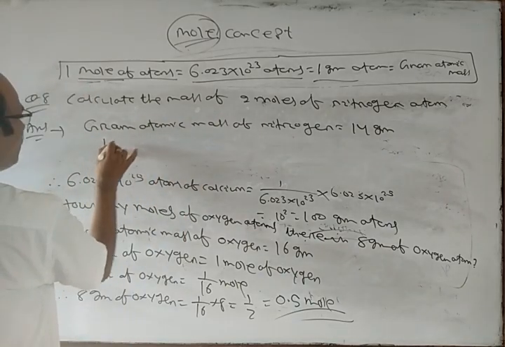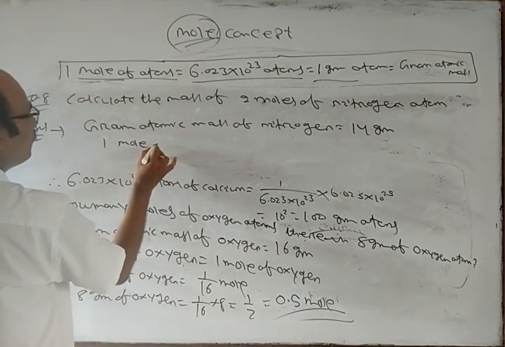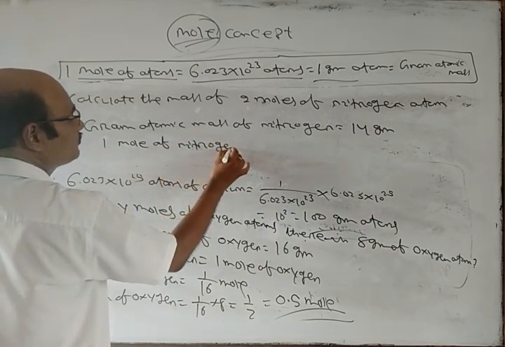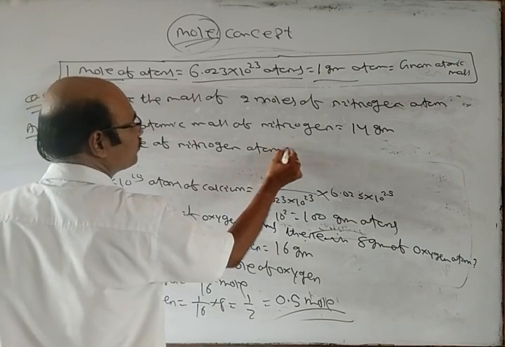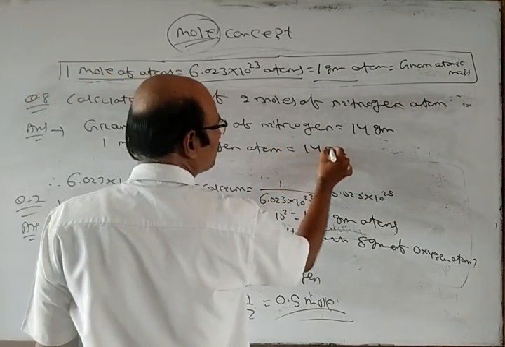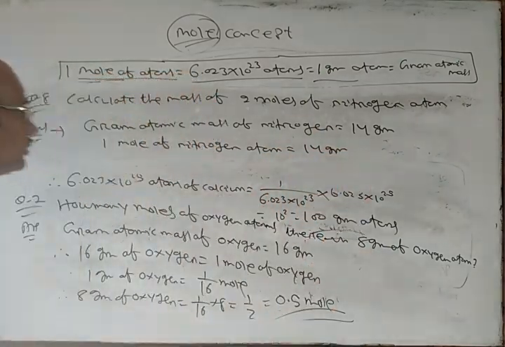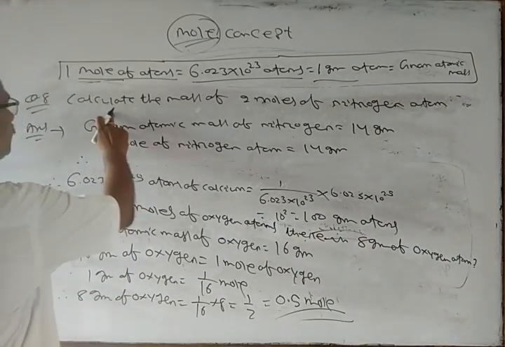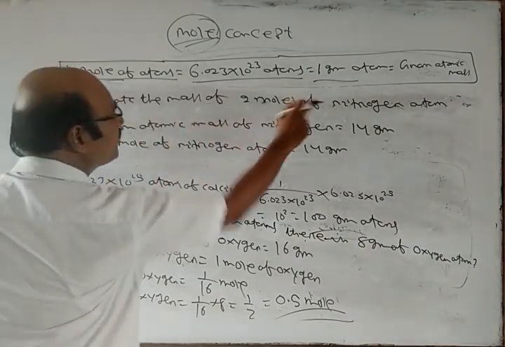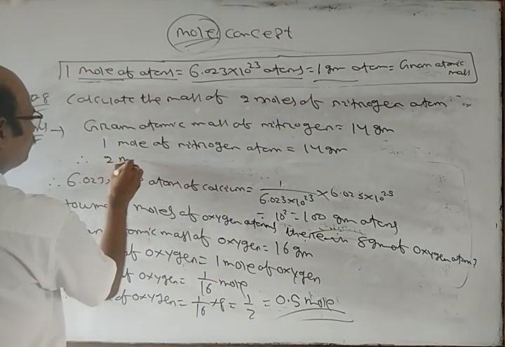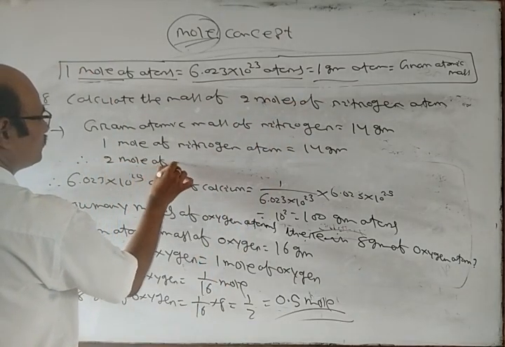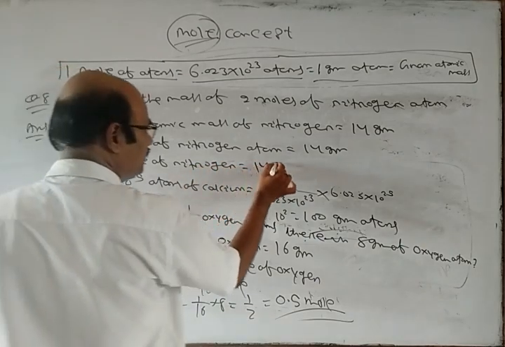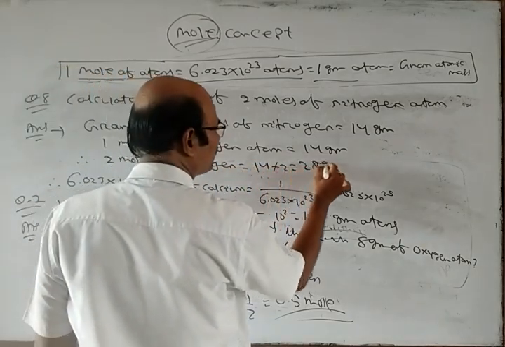So 1 mole of nitrogen atom equal to how many gram? 14 gram. Okay, so therefore, 2 moles of nitrogen, so 2 mole of nitrogen equal what? 14 into 2, 28 gram.